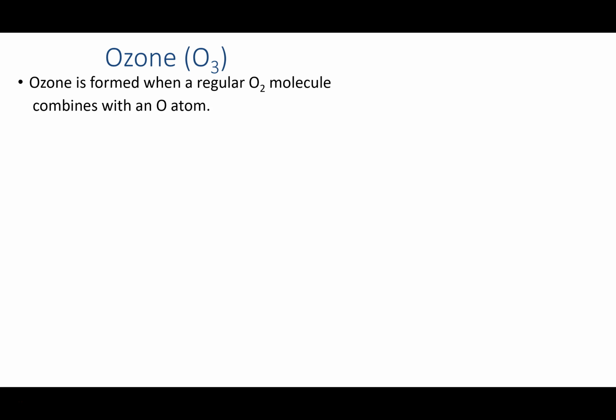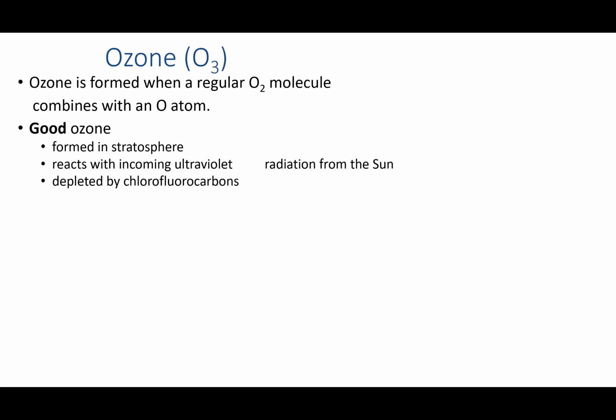So ozone, I said we have good ozone and bad ozone. But just like the formula for water is H2O, 2 hydrogens, 1 oxygen, the formula for ozone is O3, so it must have 3 oxygen particles. So basically our good ozone, we said, was located here in the stratosphere. That's where our good ozone is.